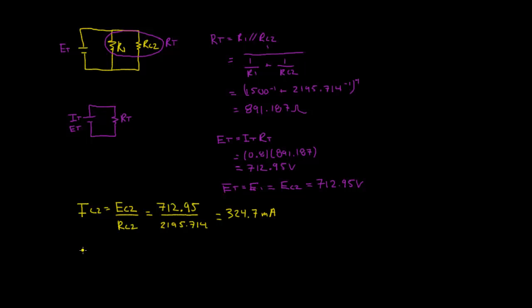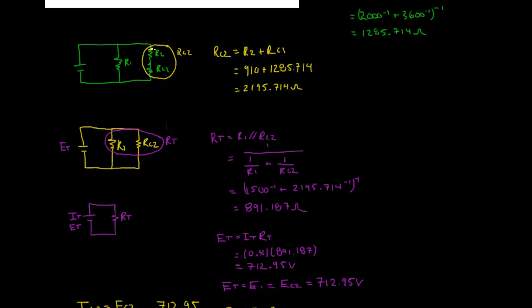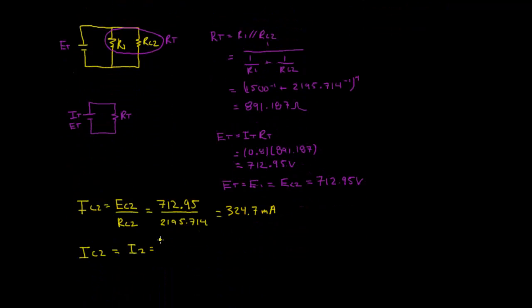So IC2 is equal to I2, which equals our current through RC2, or IC2, is equal to the current through R2 and the current through the resistor RC1, or IC1, which equals 324.7 milliamps.